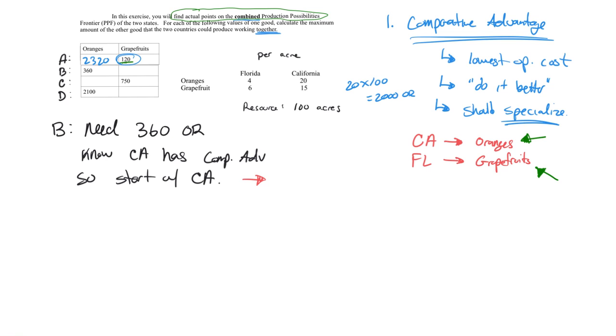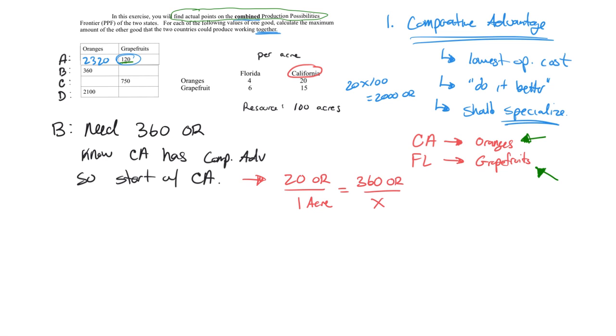So California, right up here, we're looking at oranges, can do 20 oranges for every 1 acre. We need them to do 360 oranges.